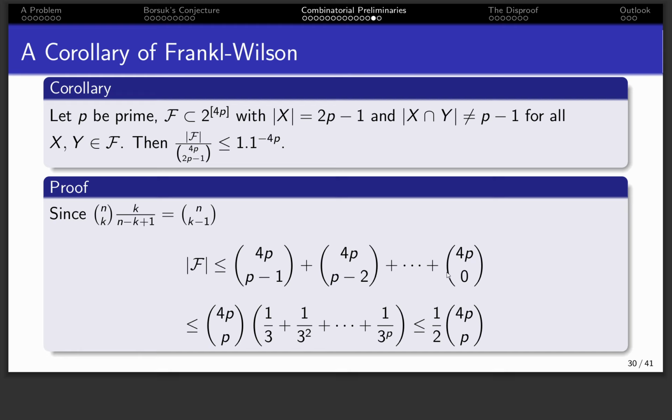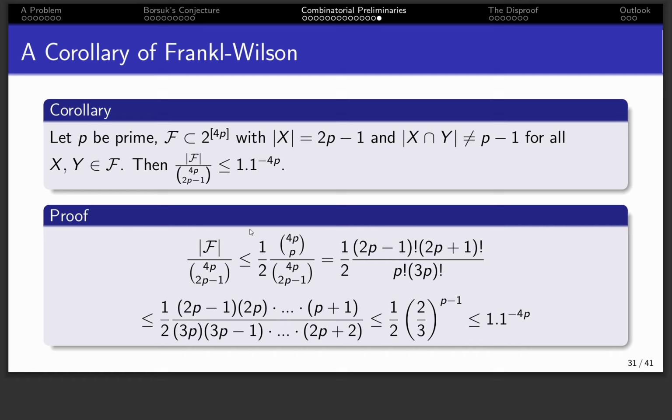We have to multiply with at least 1/3 to the power of p. And yeah, so we get another bound of 4p choose p times this sum of powers. And this is just a geometric sum, something you can also look up. And this actually evaluates exactly to 1/2. So we can bound the cardinality of a family to 1/2 times 4p choose p.